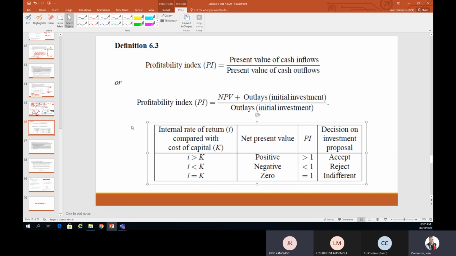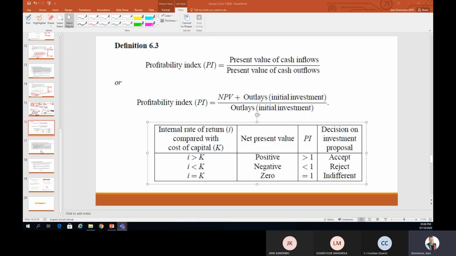They can ask it nearly as a definition. So the internal rate of return compared to net present value compared to the profitability index can be part of a definition question. This is important for concepts that you need to understand.